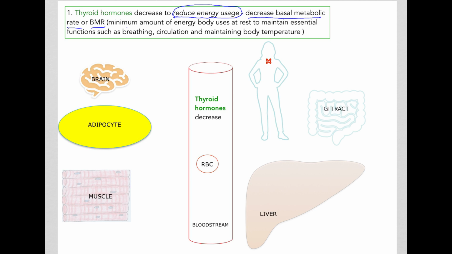BMR is the minimum amount of energy that the body uses at rest in order to maintain essential functions for survival, such as breathing, circulation, as well as maintaining body temperature. And this reduction of BMR is carried out by thyroid hormones. So during starvation, the thyroid hormones will decrease in order to decrease BMR.